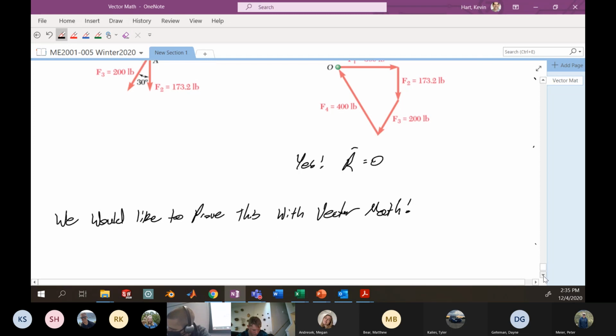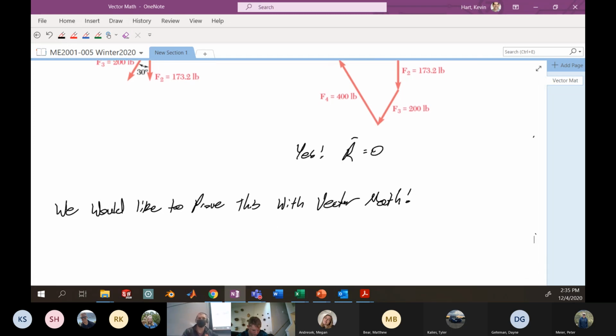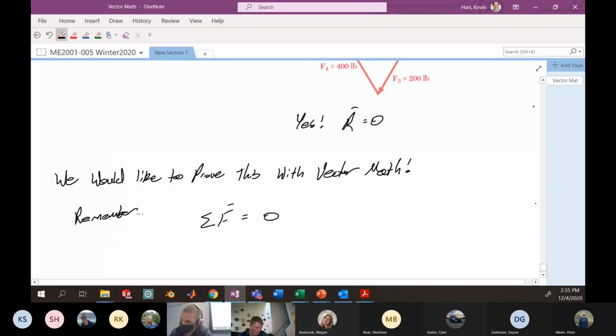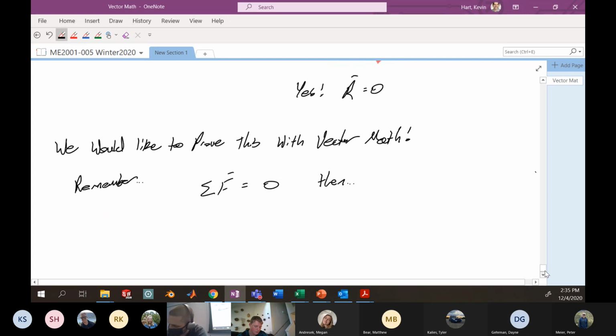Okay. So let's talk about this with a little bit more detail. So remember that if the sum of our forces is equal to 0, then it would follow that the sum of the magnitude of the forces in the x in the I hat plus whatever forces we have in y.